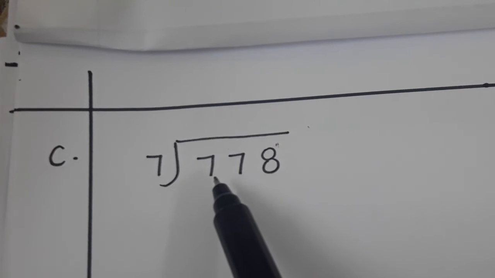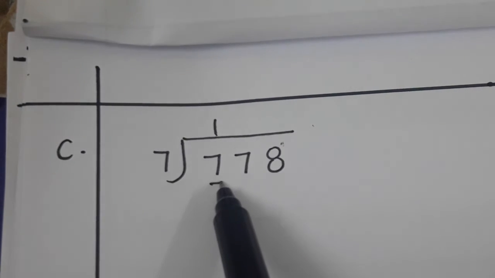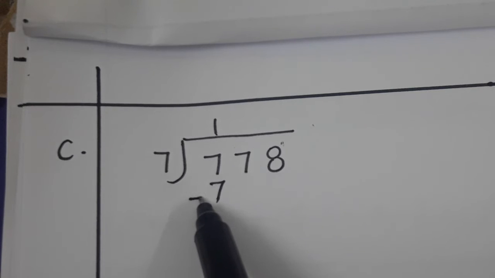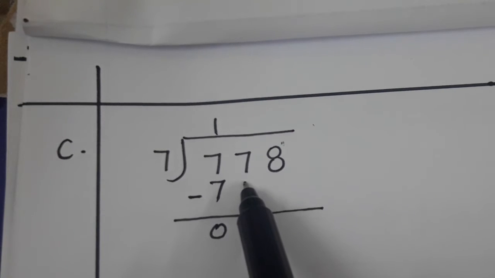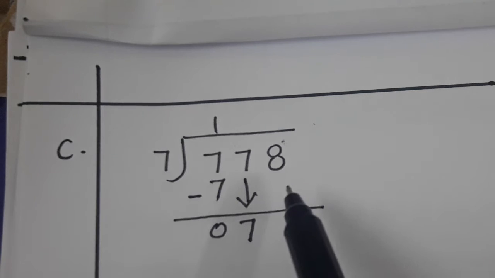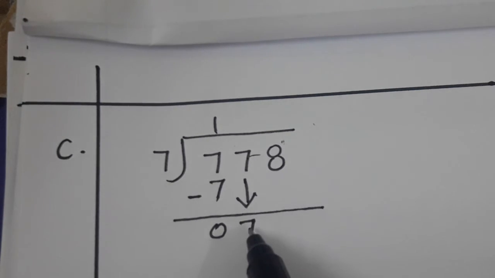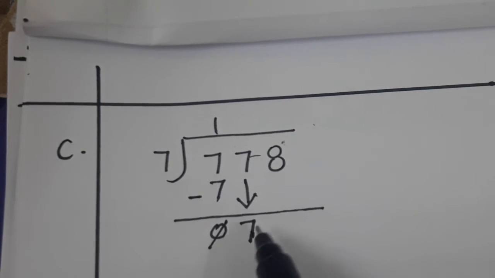Now part C, 778 divided by 7. So again we will start from this side. 7 ones are 7, and 7 minus 7, students, how many? 0. Next number will come down, so we will drag the number down. 7 will come here now, and this 0 has no value because the 0 on our left side has no value.